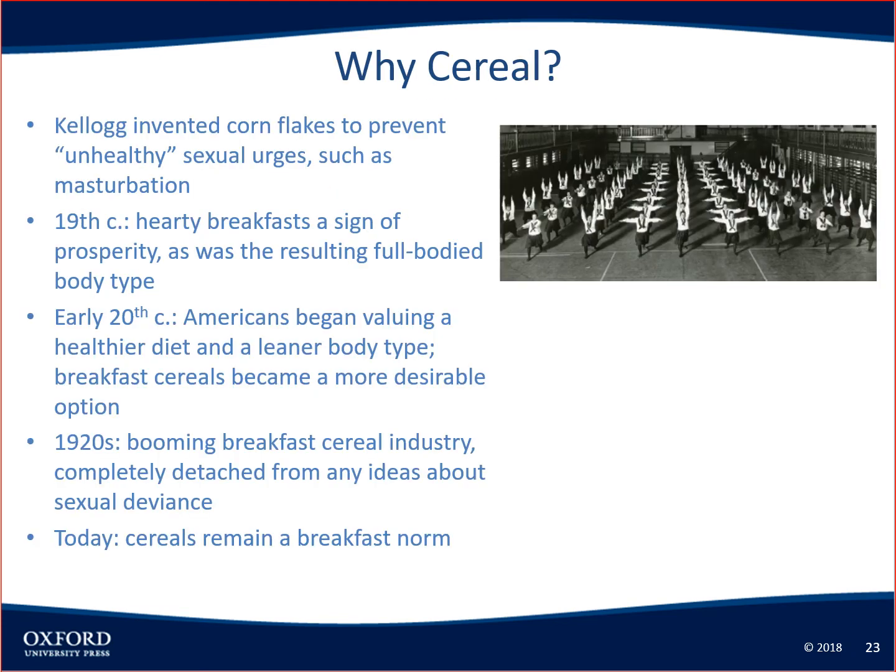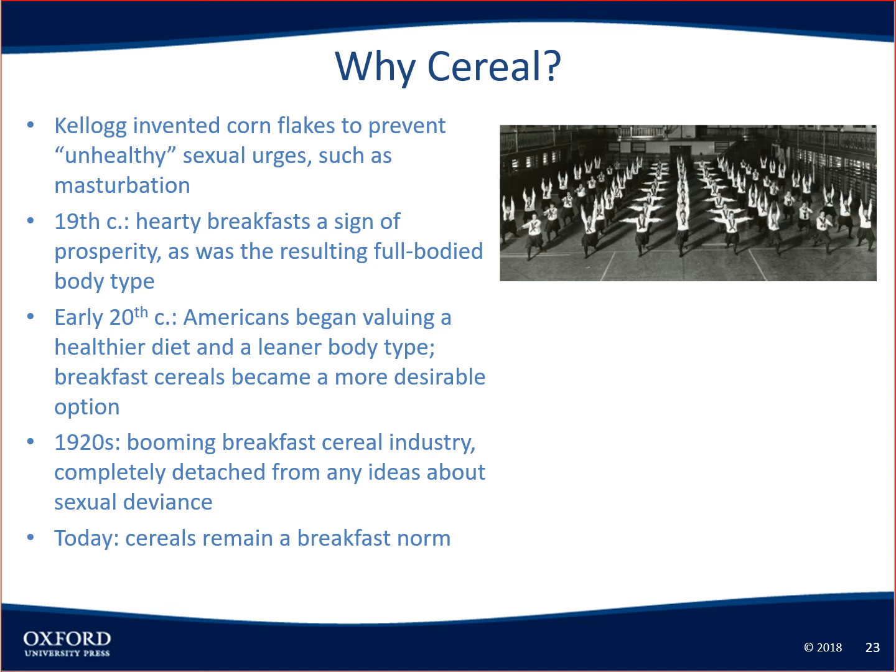So, why cereal? And this is one of those fun things where you get to try to be an anthropologist and kind of understand holism. Kellogg invented cornflakes to prevent unhealthy sexual urges such as masturbation. In the 19th century, hearty breakfasts were a sign of prosperity and were a result of full-bodied body types.